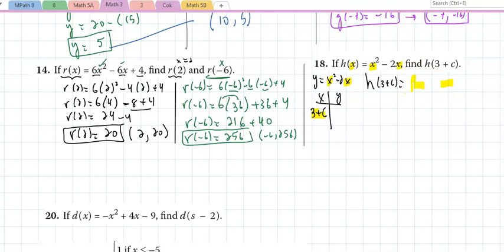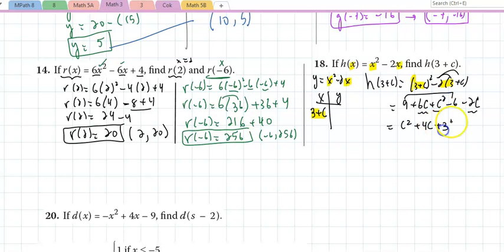That would be 3 plus c squared minus 2 times 3 plus c. That would be 9 plus 6c plus c squared minus 6 minus 2c. That would be c squared plus 4c plus 3.